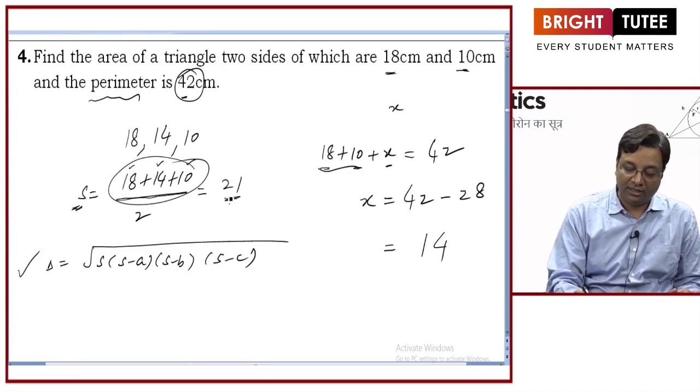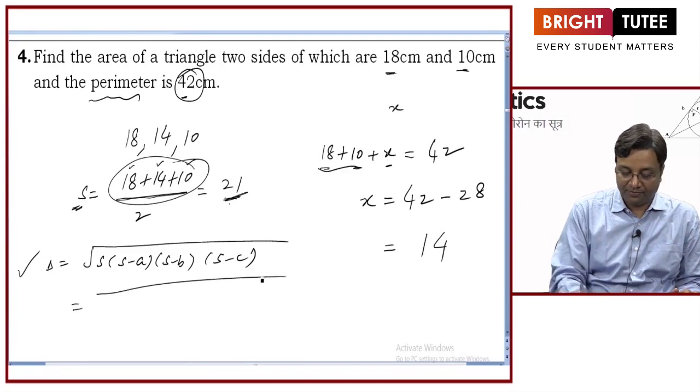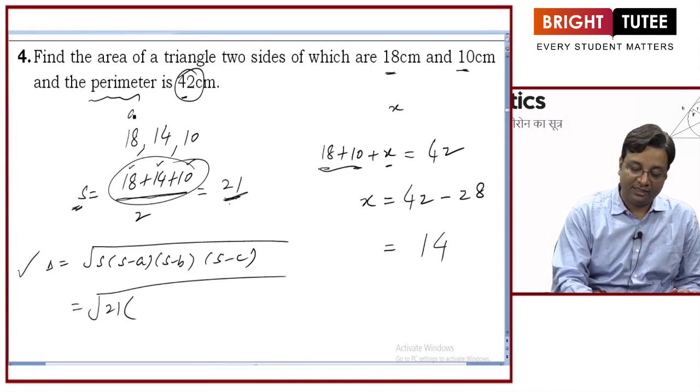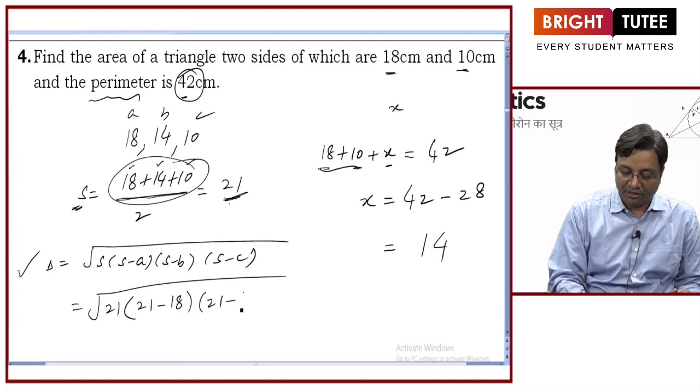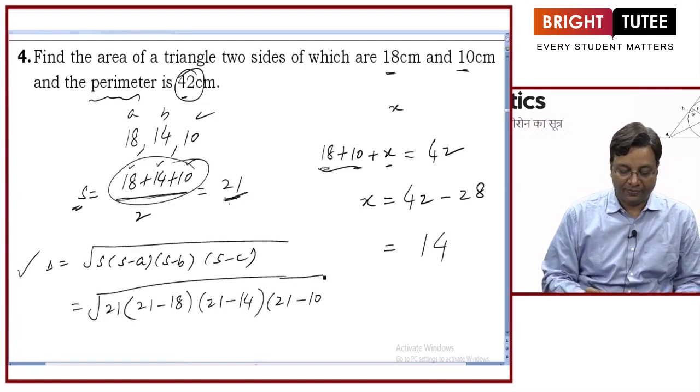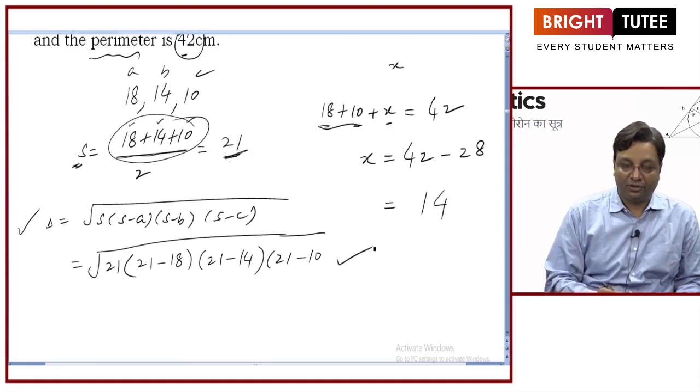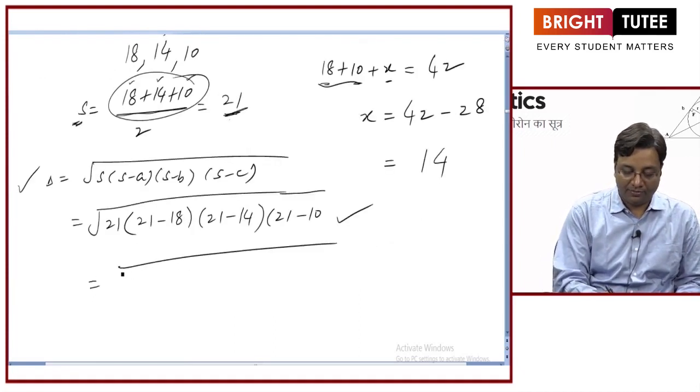So you will put 21 for S, and then you can name these sides as A, B and C, and then 21 minus 18, 21 minus 14, 21 minus 10, and this will give you your area. So let us calculate this.